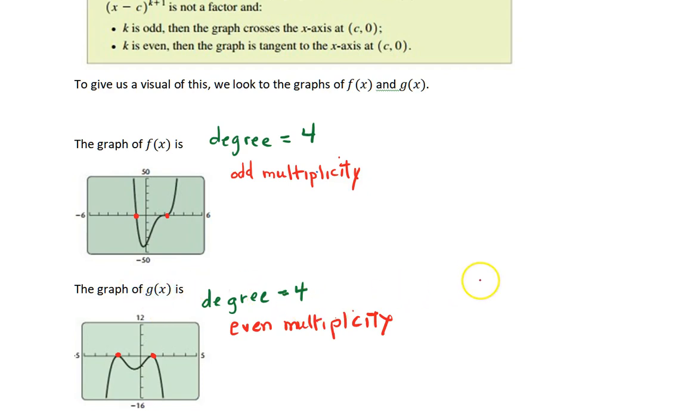All right, now it's possible to have something where, and I'm just kind of making this up as we go, you have like x plus 3 squared and then have an x minus 5 quantity cubed. All right, and so you would have an even multiplicity and an odd multiplicity.